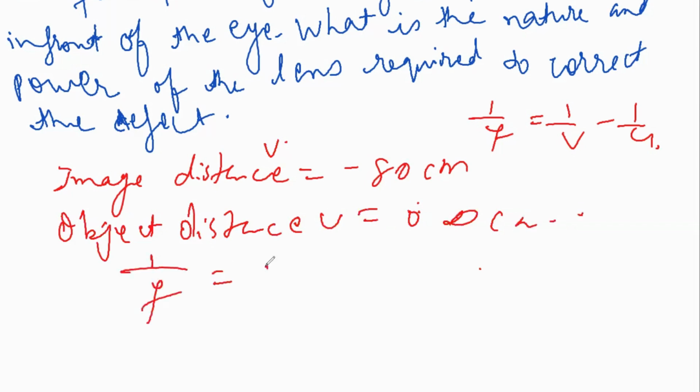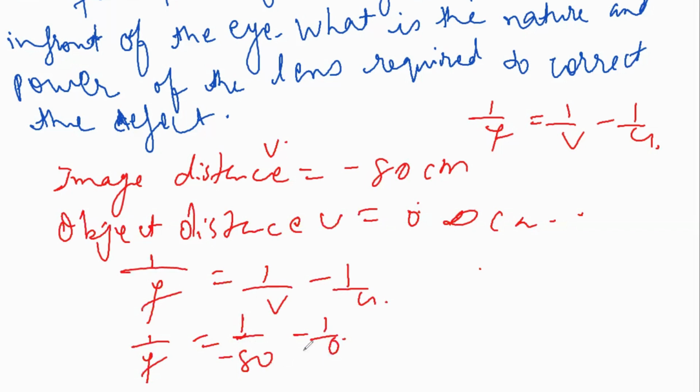So 1 upon f equals 1 upon v minus 1 upon u. 1 upon v is minus 1 upon 80, minus 1 upon infinity, which is 0. Forget about it. So minus 1 upon 80 equals 1 upon f, so f is equal to minus 80 centimeter.